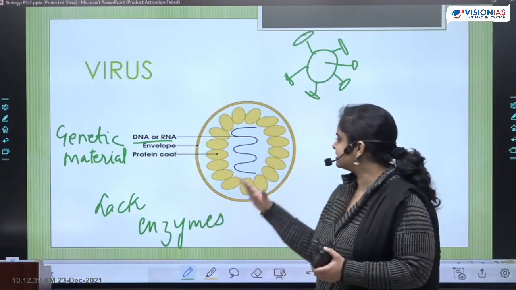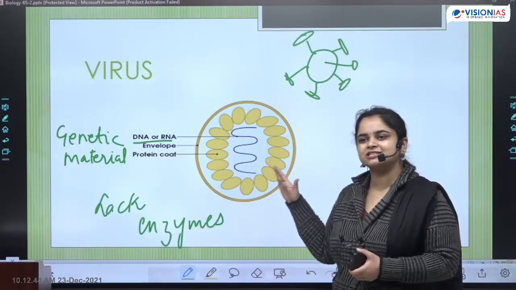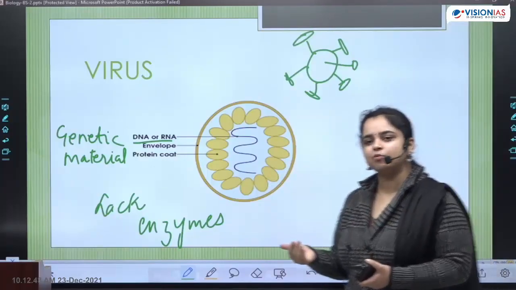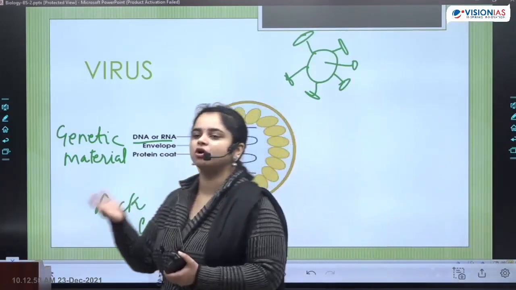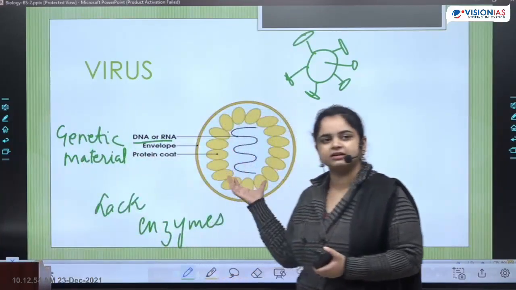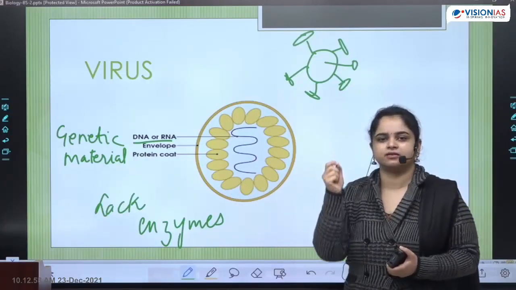What happens is that when a virus is reproducing, or making a copy of itself, an exact copy is not made. When this genetic material is being copied, there is some error in that.